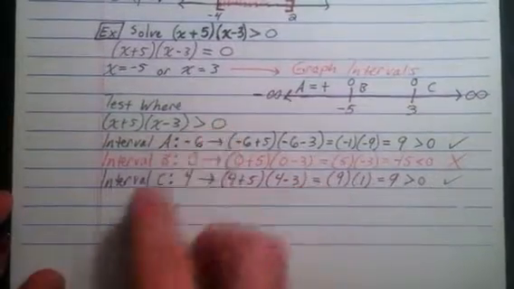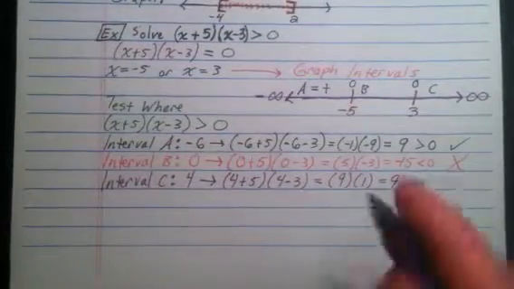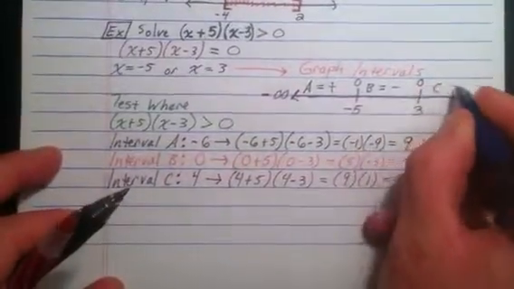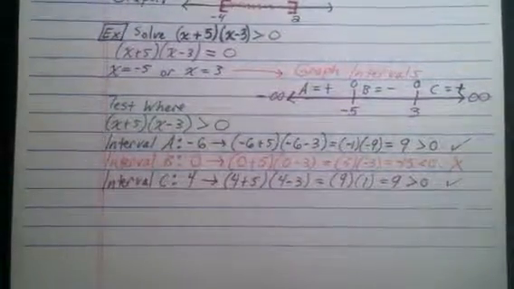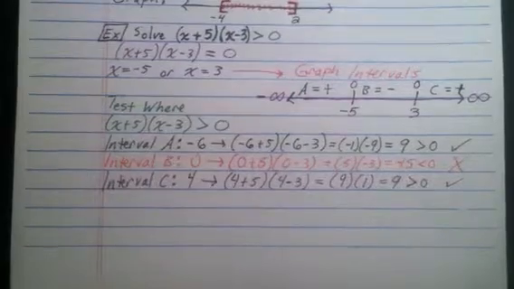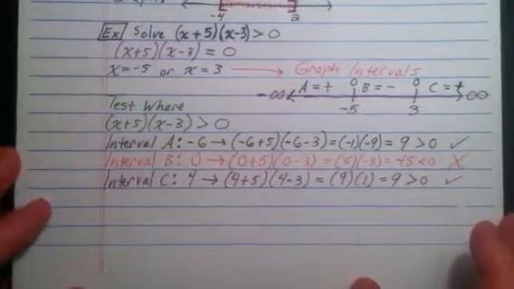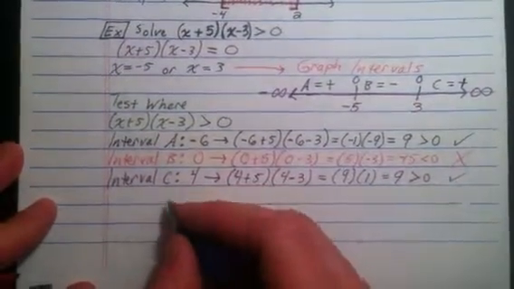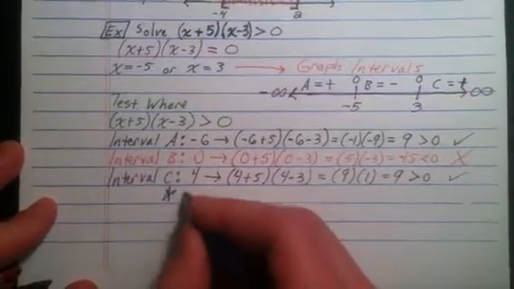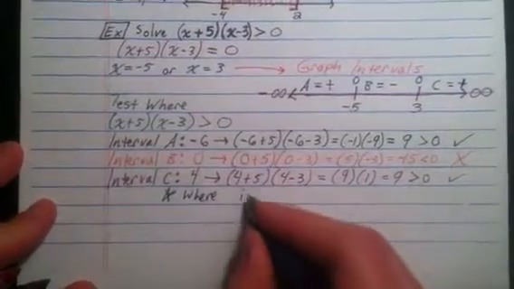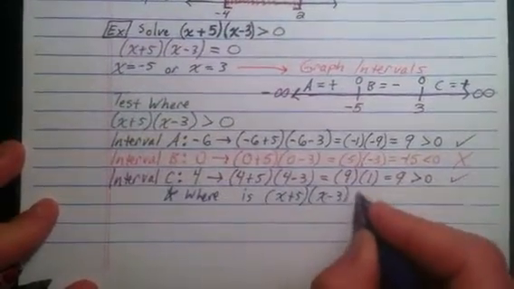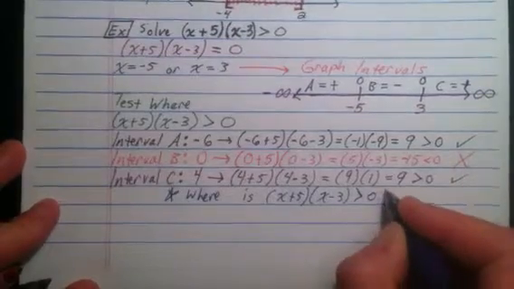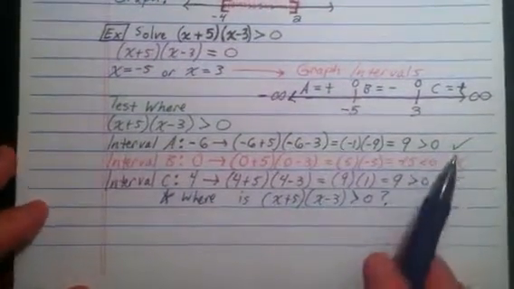That's all we need. So region B gave us negatives, region C gives us positives. Both region A and region C are part of our solution. So again, to answer the question, where is x plus 5 times x minus 3 greater than 0? Well, region A and region C.